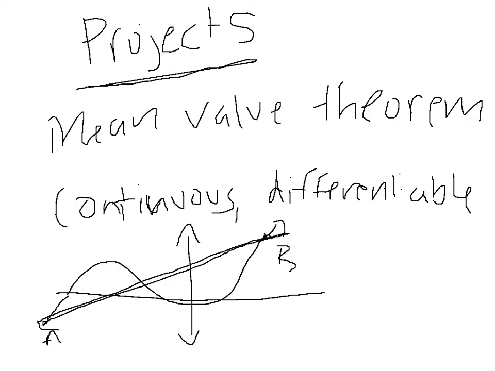The theorem says that somewhere along this function there will be a point C that is parallel to this slope. So that looks like it'll be about here or here. And these lines would be parallel and have the same slope.